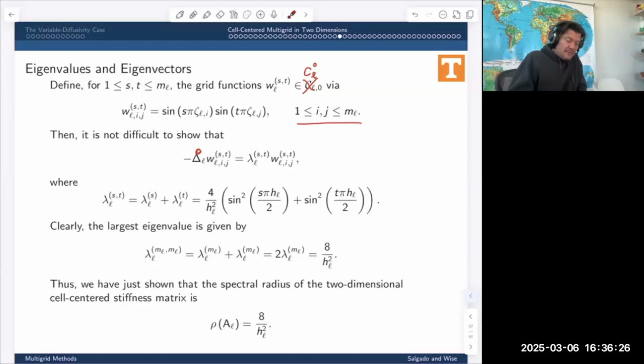Now, what are the eigenvalues? The eigenvalues are just the eigenvalues in 1D. As I said, I'll show you this calculation momentarily, and it breaks down in this way. Lambda LST is just going to be lambda LS, the one-dimensional eigenvalue, plus lambda LT, the one-dimensional eigenvalue.